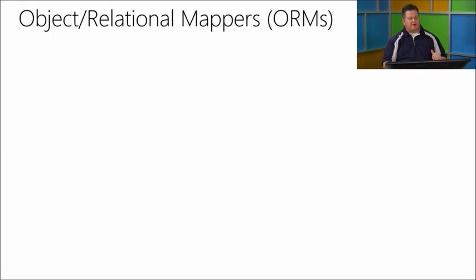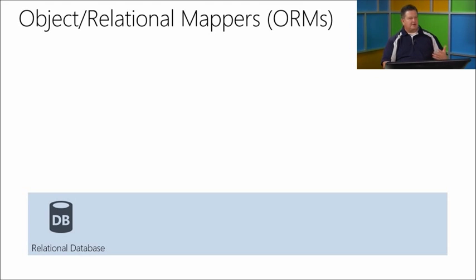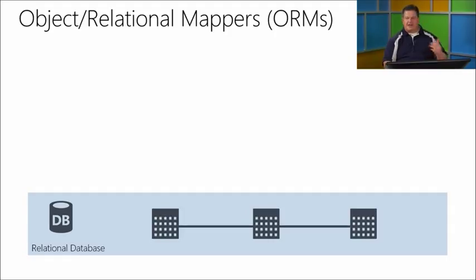With entity data models here, as Bruno was mentioning, NHibernate, prior to this we had LINQ to SQL, and tons of other ones that are out there, these object relational mappers. The idea here is that, back somewhere in our infrastructure, we've got a relational database that has our tables and relationships and all that kind of stuff sitting in them.